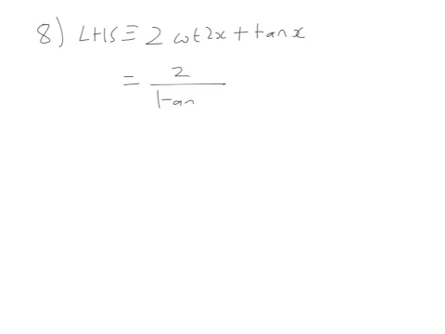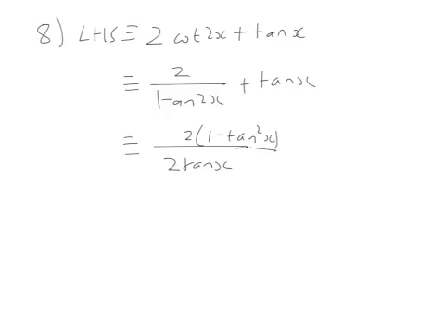For question 8, the left hand side is 2 cot 2x plus tan x. So 2 cot 2x is 2 over tan 2x. The formula for tan 2x is 2 tan x over 1 minus tan squared x, so the denominator flips to the top, plus tan x.